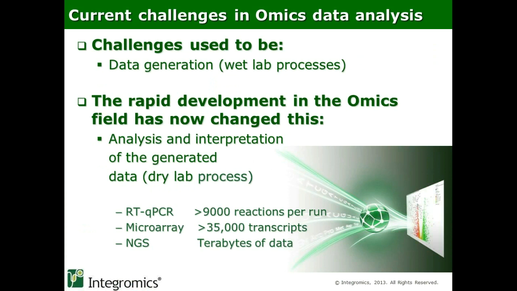And as an example, we can see that RT-qPCR can generate thousands of reactions per run. With microarray technology, you can go to tens of thousands, and with NGS, you can easily reach the terabytes of data. So what used to be a relatively short part of the project is increasingly becoming one of the steps that will take longer.